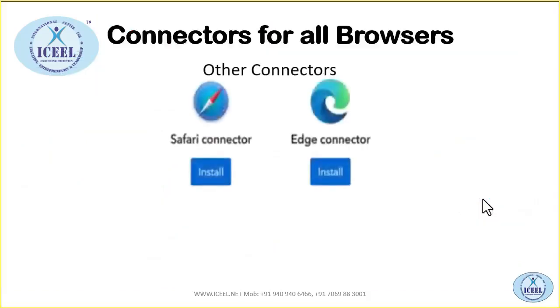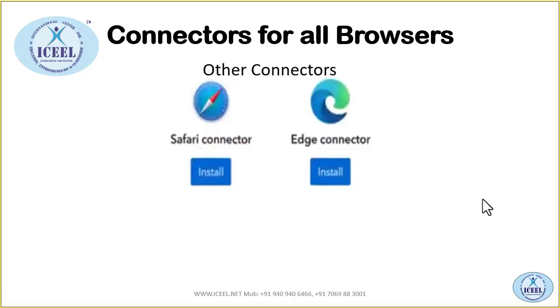The connector may be available for Safari also if you are using it. It may be available for Edge also as per your requirement. Now, what is the purpose of the connector, guys? Sometimes you are reading some paper on some site or some blog or another article. You want to incorporate that blog, article, or maybe some good book online into your Zotero library. Then the connector will be useful at that point.